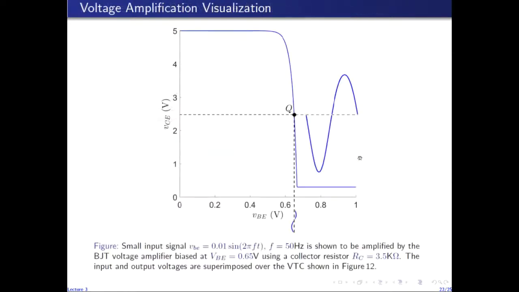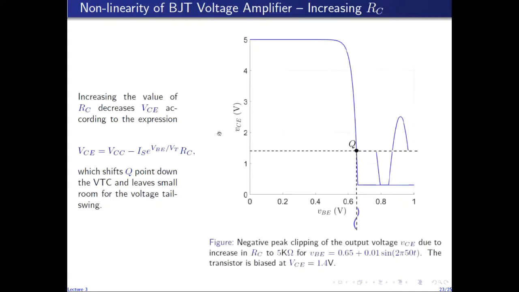Previously, when we biased the amplifier at an output DC of 2.4 volts. Now in this case, increasing RC from 3.5 to 5 kilo ohms biases the transistor at 1.4 volts. So the Q point has been moved down the VTC.